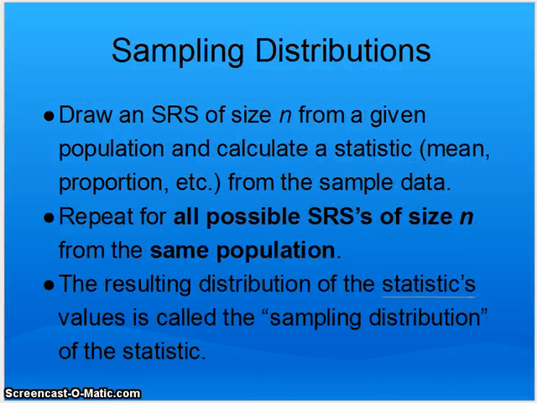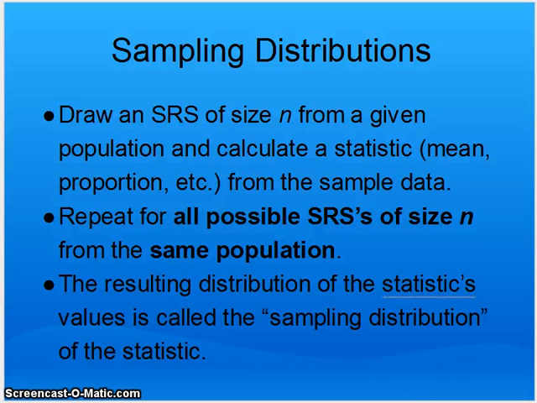Now, a sampling distribution is hypothetical. Suppose you were to draw a simple random sample of size n from a given population and calculate a statistic from that sample data. It could be a sample mean or a sample proportion or some other statistic. And you repeat that process for all possible simple random samples of size n from the same population.